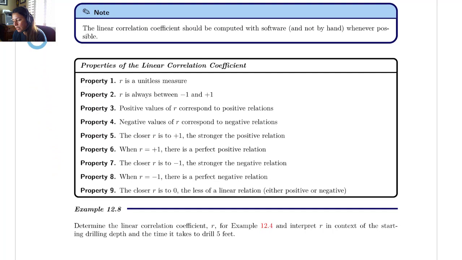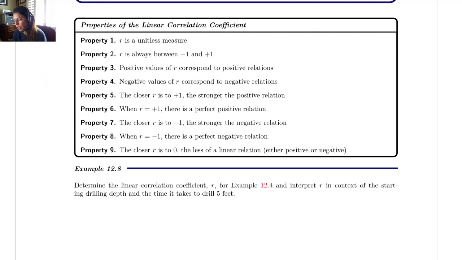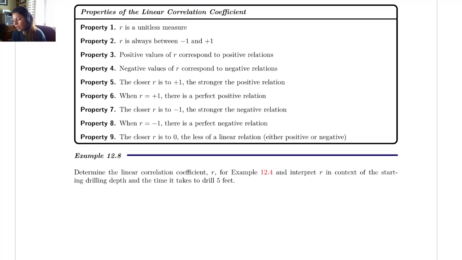Some properties: it's a unitless measure because we're just measuring the strength. Property 2 is that R is always between -1 and 1, and the positive values of R correspond to positive relations, negative values of R correspond to negative relations.